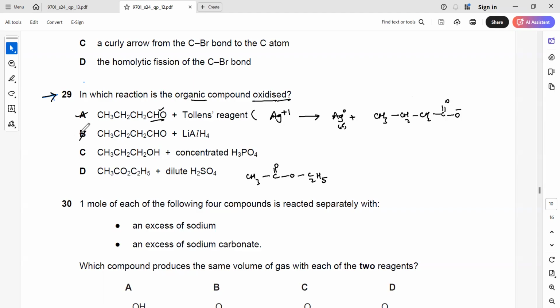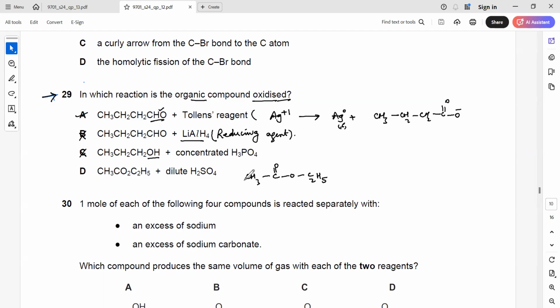In case of option B, you can see it is lithium aluminium hydride, which is a reducing agent, right? And a reducing agent will reduce this aldehyde to alcohol. In option C, it's concentrated phosphoric acid. As we have seen in the reactions of these alcohols, that will give us an elimination reaction, and alkene will be produced.